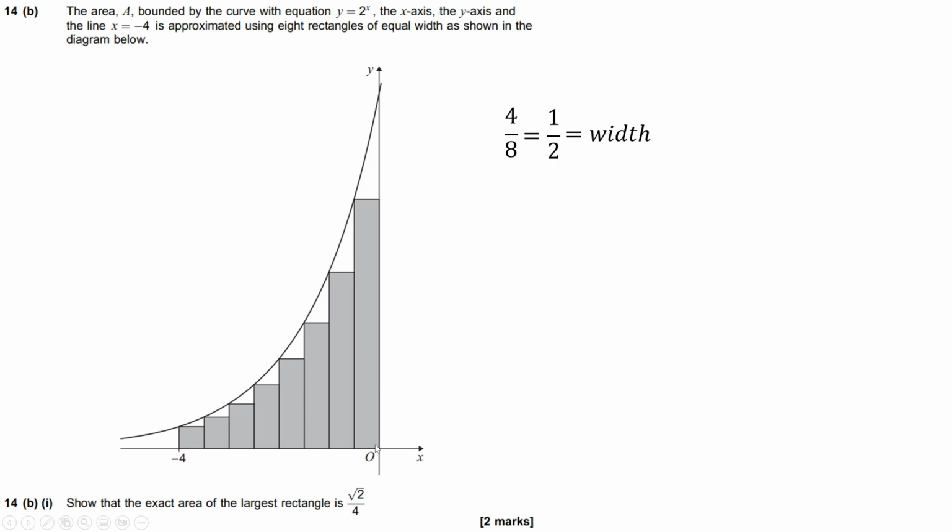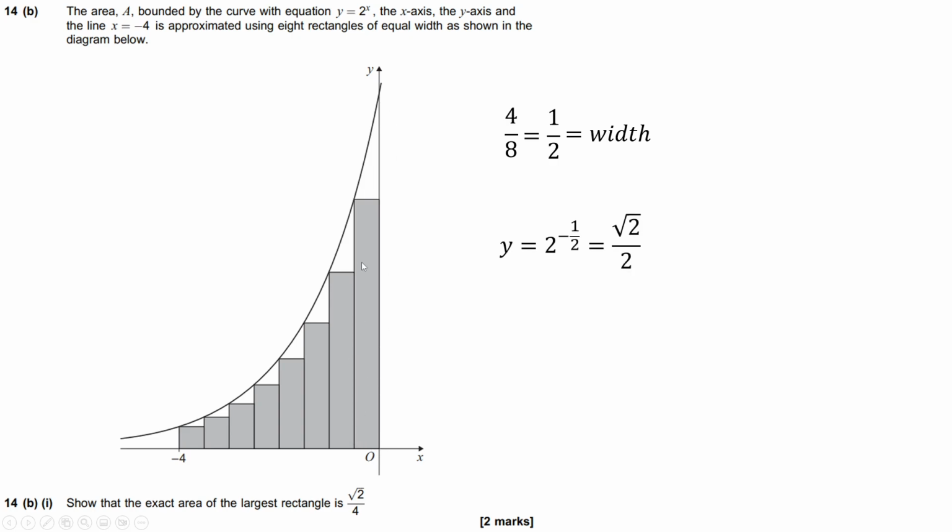If we're looking at this largest rectangle here, and the distance between them is a half, this x value is going to be minus a half, because we're going backwards a half. So the x value is going to be 2 to the power of minus a half. Careful, don't put in 2 to the power of 0 because you'll be all the way up here.